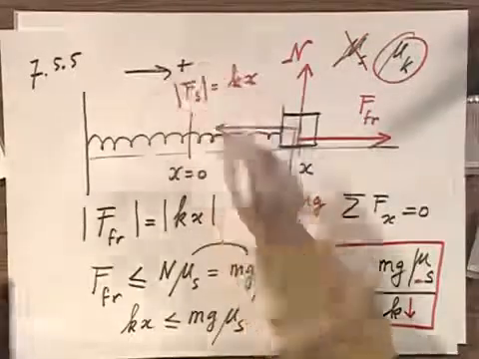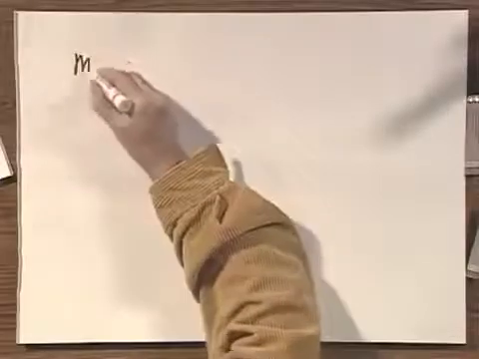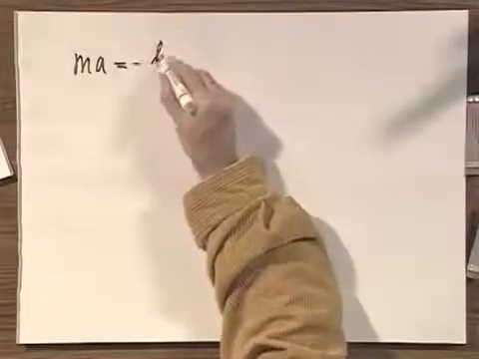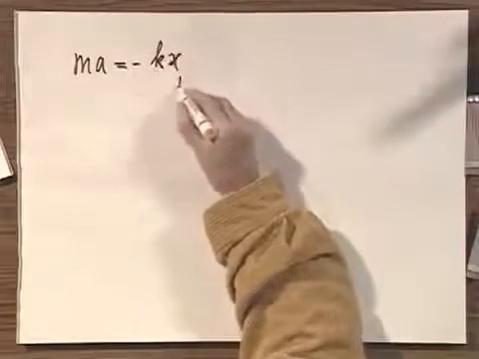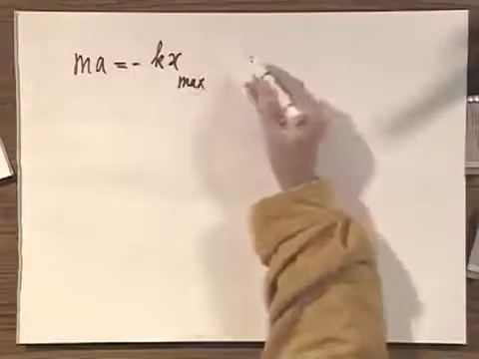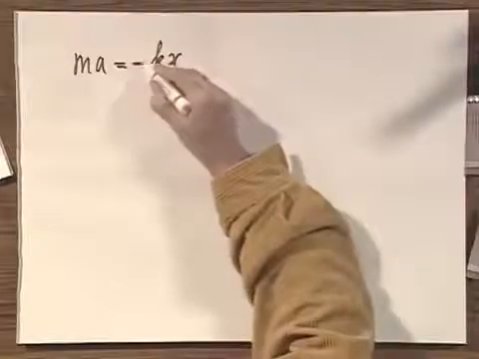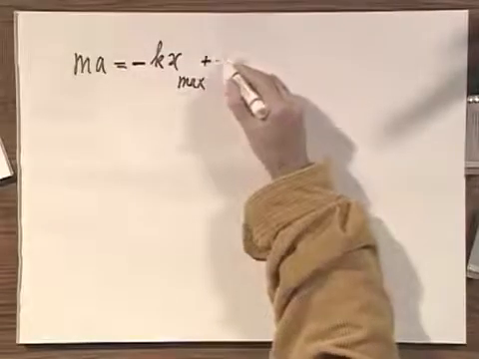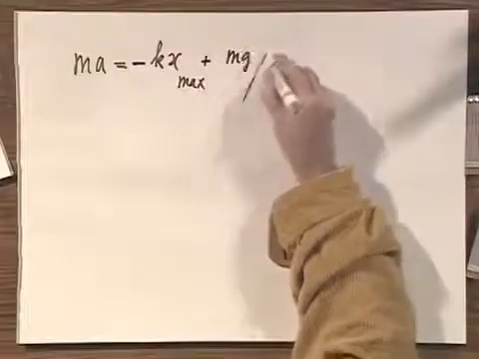then I can write down the differential equation. Ma, this of course is all in the x direction, would then be minus kx. This was this maximum position because that's where I started from. This is the spring force, opposing x, plus mg times mu k.